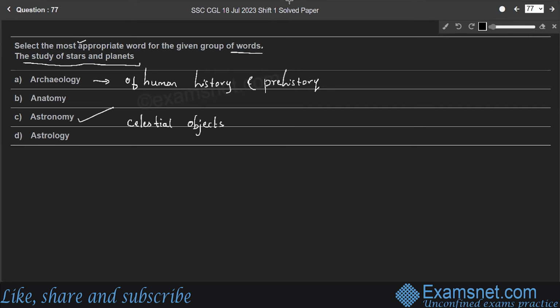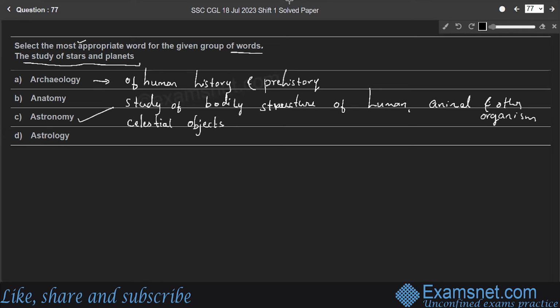Whereas anatomy means the branch of science concerned with the bodily structure of humans, animals, and other living organisms. So it's the study of bodily structure of humans, even animals and other living organisms, right?